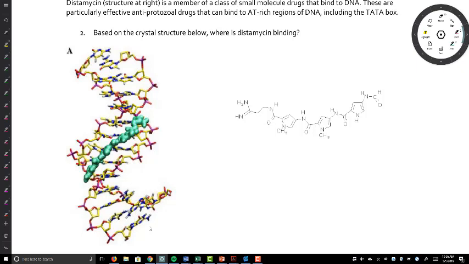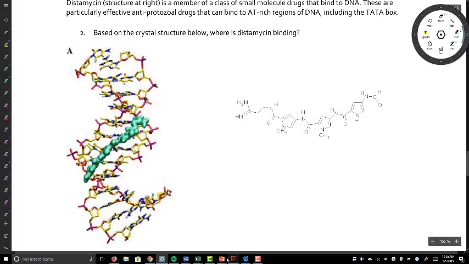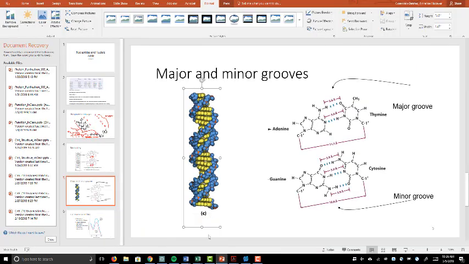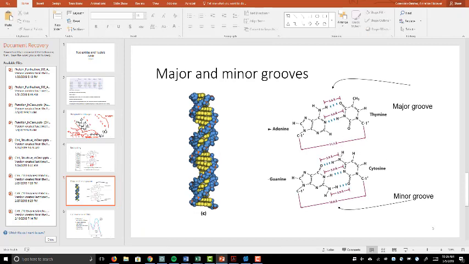So if we look at this PowerPoint, what we would think of as the top edge of the base pair would be exposed in the major groove. And the bottom part of the base pair would be exposed in the minor groove. So it's not that certain bases are exposed, or that the minor groove only occurs on certain bases. It's a matter of which part is exposed.